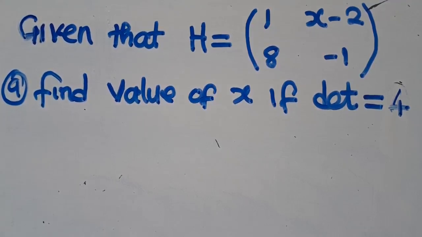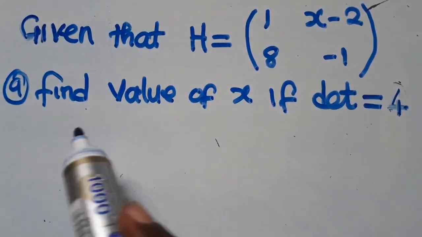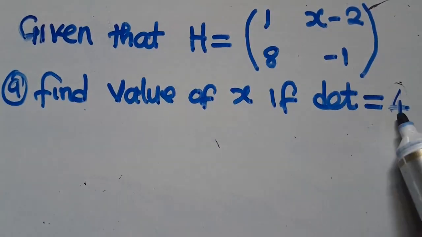You get the full understanding that you need on each and every question. You are told to find the value of x if the determinant of that particular matrix is 4.